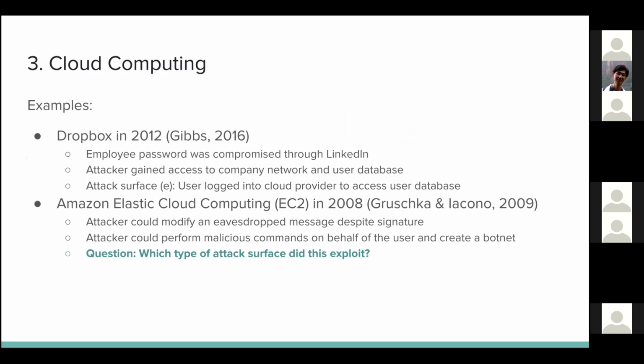Even though the message had a digital signature, which is supposed to prevent tampering, the attackers could modify that message. By modifying the message that users send to the cloud provider, the attacker can perform malicious commands, acting as the user.